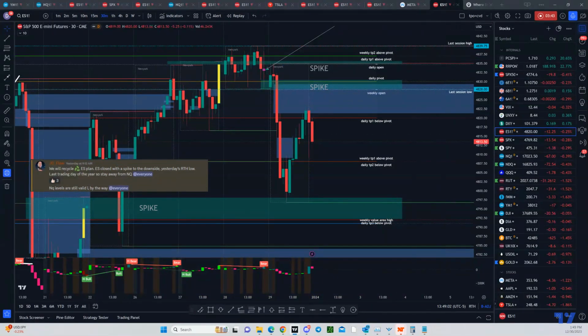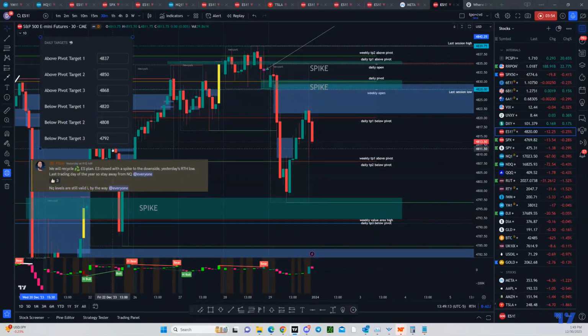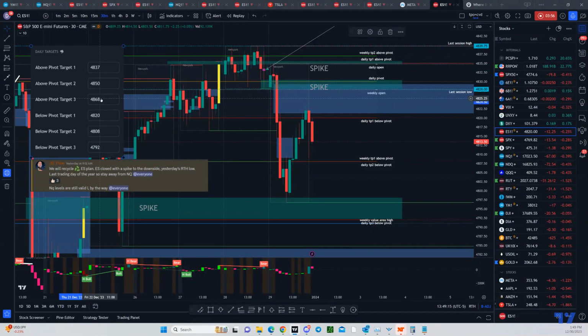When you look at the day before plan, I'm going to paste the plan over here. For those that don't know, we operate on a 2.5 point zone. So if I give you 37, that will cover from 34 and a half to 37.